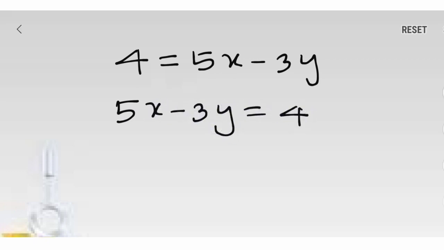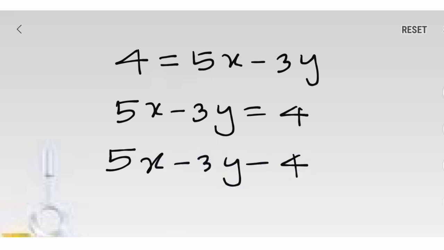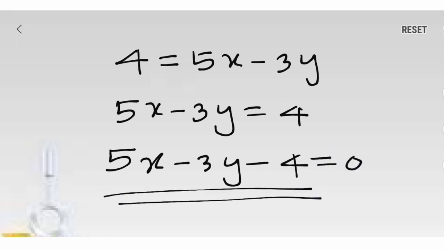Okay, 4 equal to 5x minus 3y, we interchange left and right places, no problem. 5x minus 3y equal to 4. So how to write in standard form? First x term, then y term, then minus 4. If you take this 4 into the left side, it will be minus 4, equal to 0. Now the equation is written in standard form.